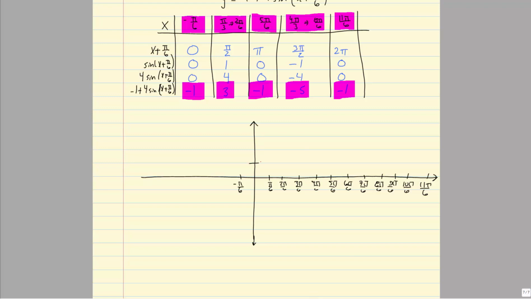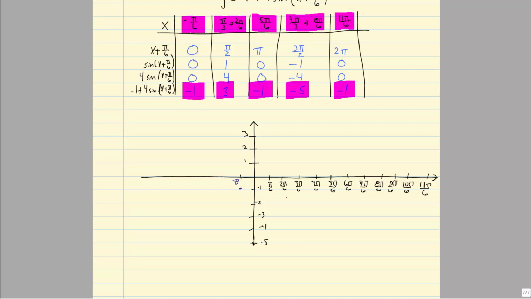So here's 1, 2, 3, negative 1, negative 2, 3, negative 4, negative 5. So at negative pi over 6, I should be at negative 1. I'm going to have to move that a little bit. There we go.